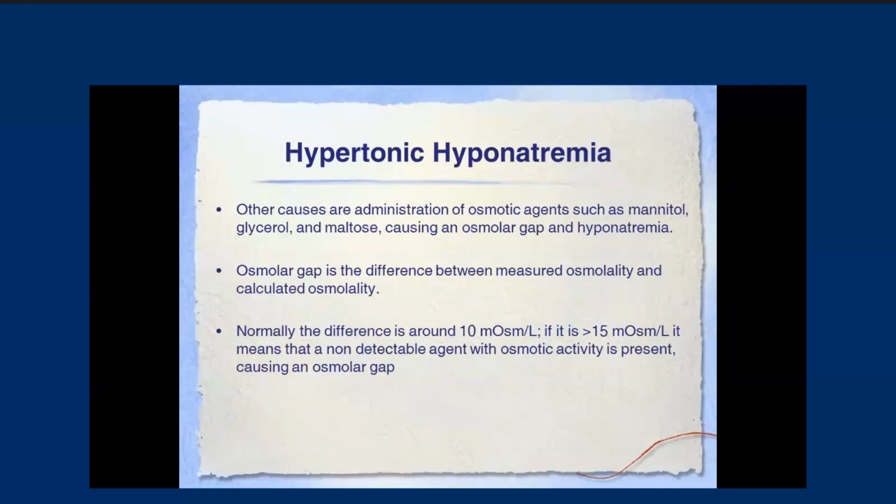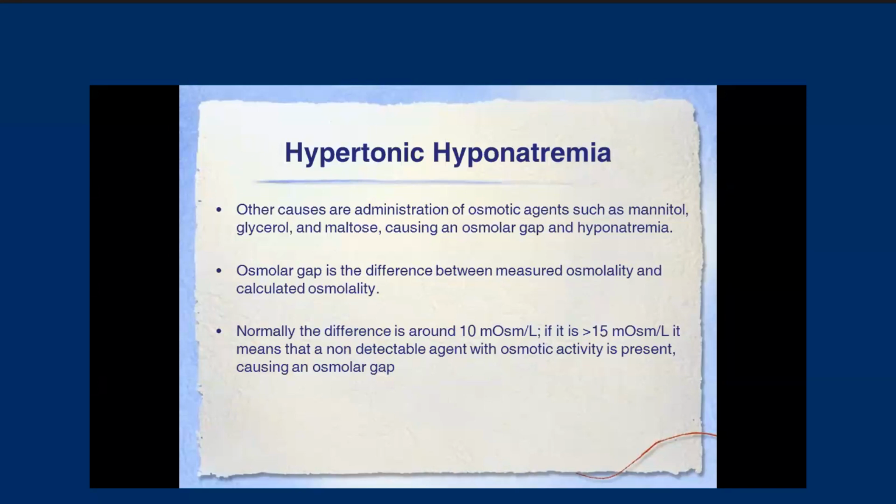In hypertonic hyponatremia, there will be associated osmotic diuresis that subsequently normalizes the amount of water in the extracellular fluid, and that will subsequently normalize the sodium concentration.